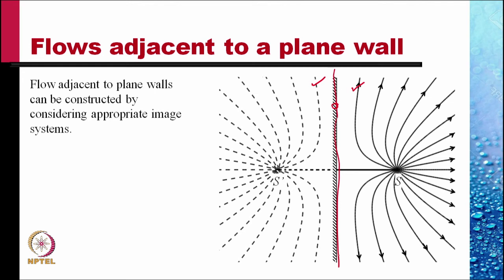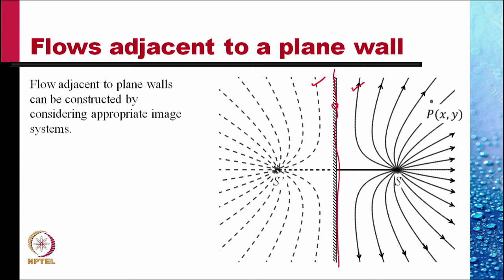This would be the pattern of streamlines for a source and its image, and we could cover the left portion to result in a flow due to a source near a wall.